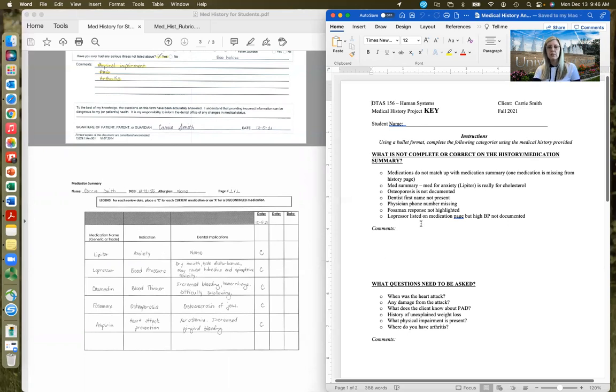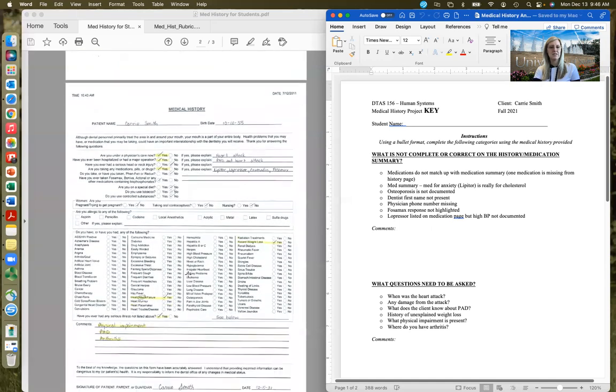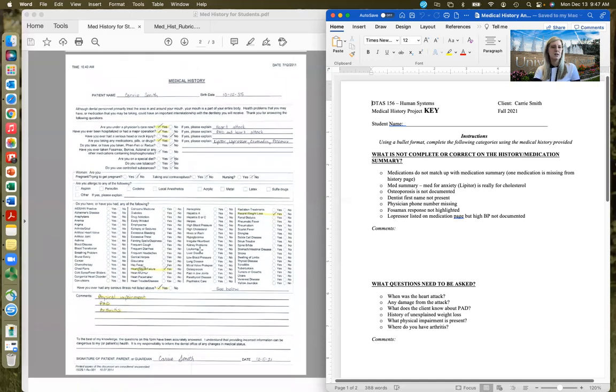The other item having to do with medication is that Lopressor is listed on the medication page. Okay, so Lopressor says that it is for blood pressure, but blood pressure is not identified. High BP is not documented or identified up here on the med history. Okay, so those had to do with medications and things that were not correct.